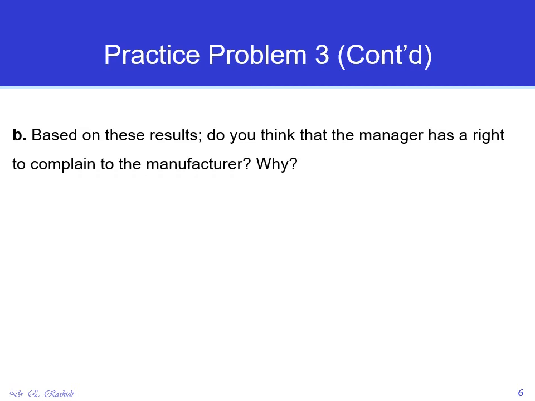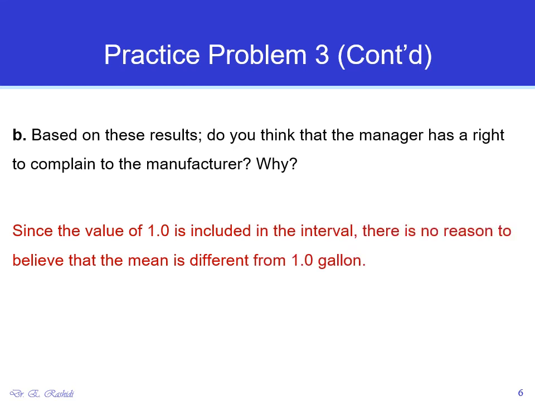But we actually made a confidence interval estimation, and the confidence interval would include 1 gallon. So that means the manufacturer's claim is kind of true. So the manager would not have a right to complain about the claim made by the manufacturer.